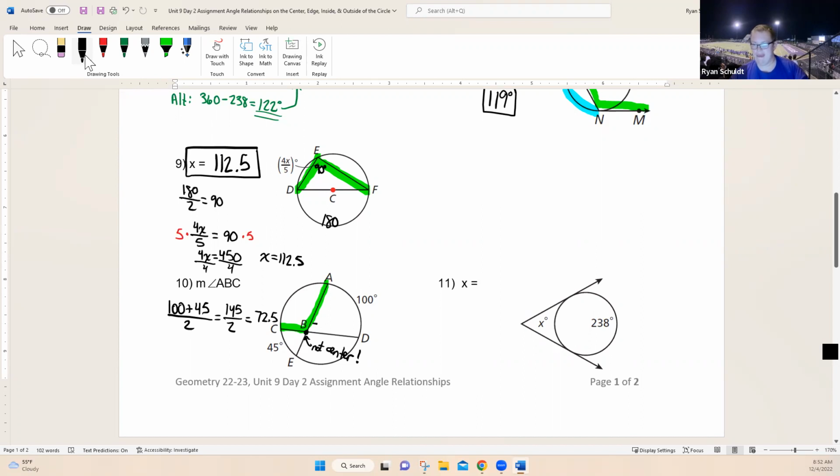But that is this angle right here. We don't want that angle. We want ABC. ABC. It's as easy as 1, 2, 3. Anyways, so a line is how many degrees? 180. 180 minus 72.5 gets us 107.5 degrees. That's the angle they want.